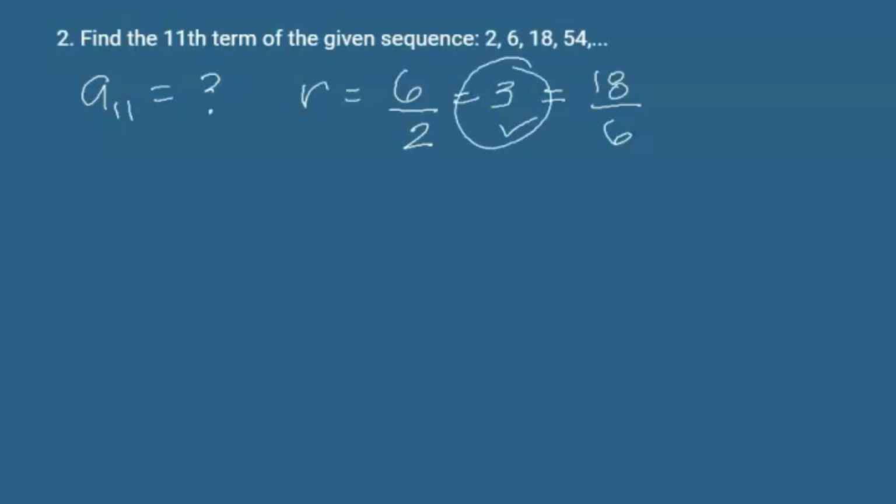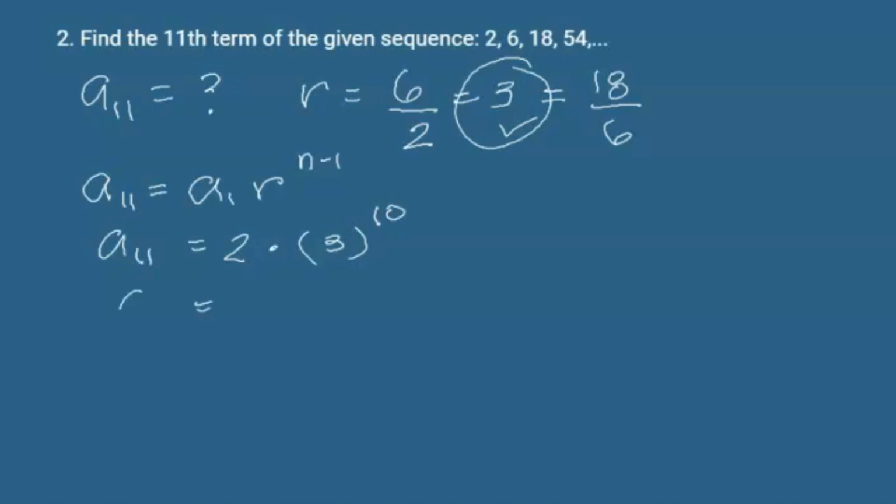So the common ratio is 3. Let's substitute in our formula for the nth term, a sub 1 r raised to n minus 1. So a sub 11 is equal to the first term, 2, times the common ratio 3 raised to 11 minus 1, and that is 10.